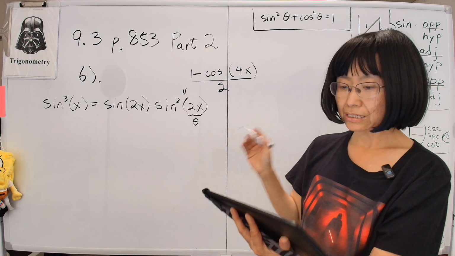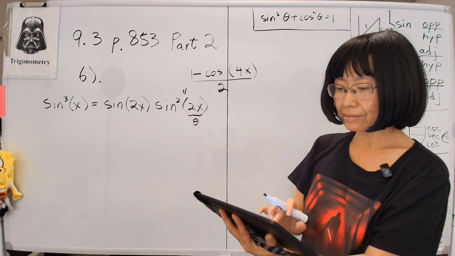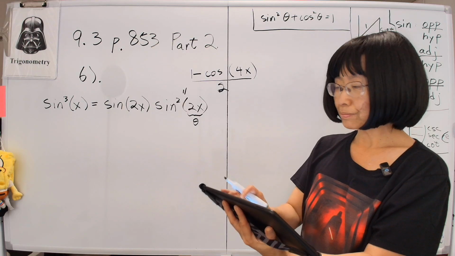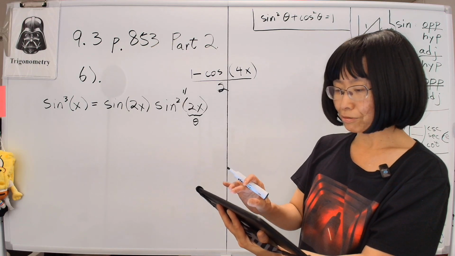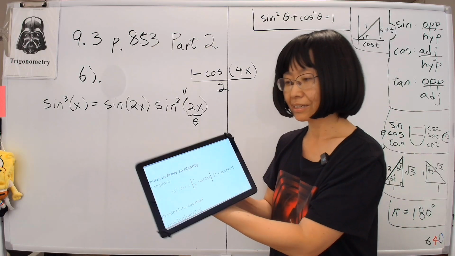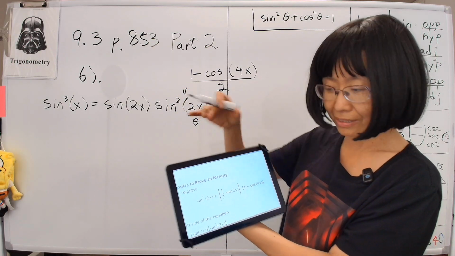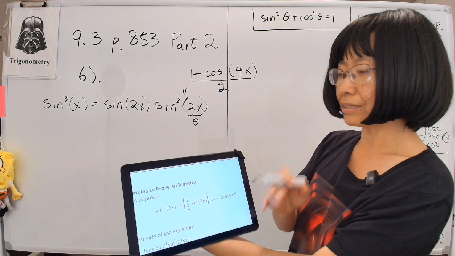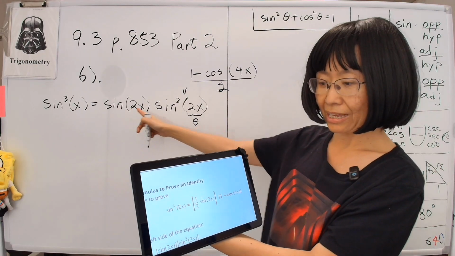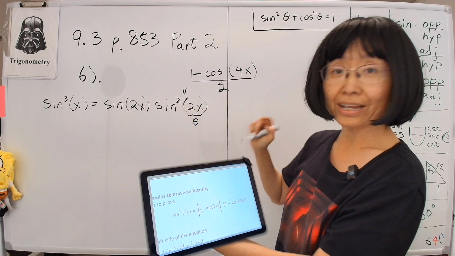And the next part, this is it. That's the other side of the equation, because the problem says that we need it to be 1/2 sine 2x times 1 minus cosine 4x, so we're done.